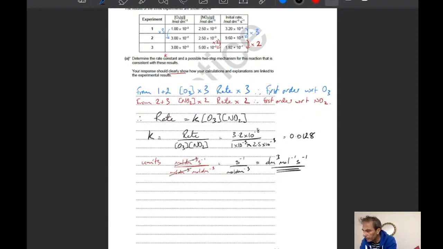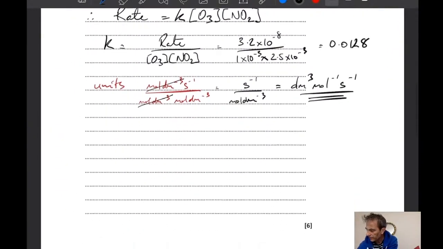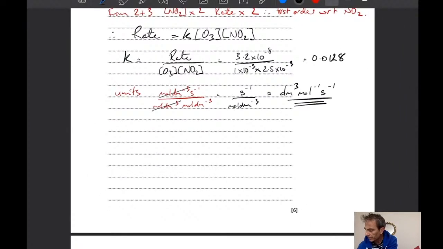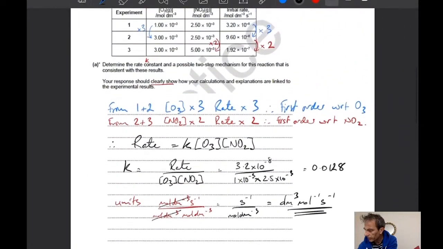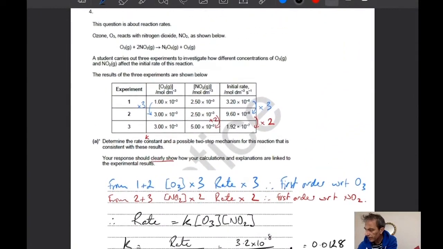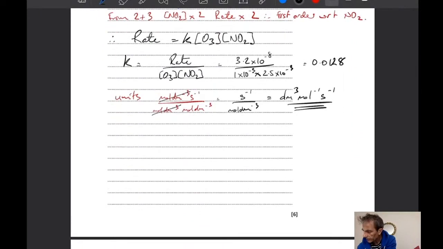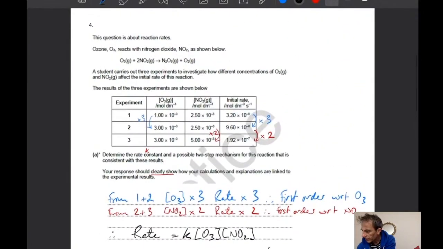And now we've got to come up with a possible two-step mechanism. The way I do it, I tabulate it, if you remember. I'm going to write the overall equation at the bottom. So overall this is O3 plus 2 NO2 goes to, what was it again?